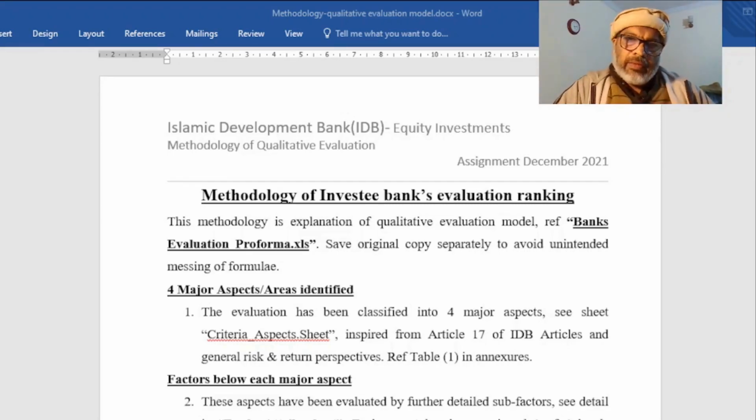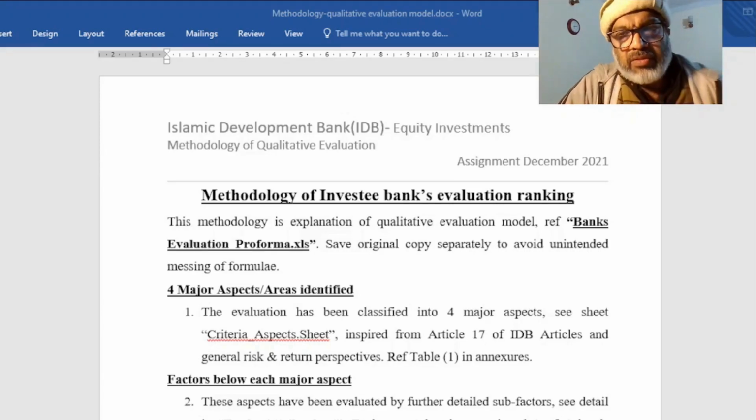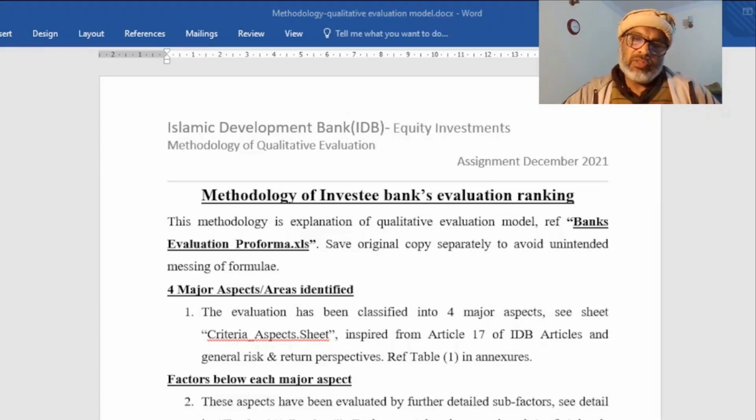Well, in this assignment with the Islamic Development Bank, I had also explained the write-up of the methodology of evaluation of the investee banks, which includes which aspects I looked into in these banks, which ratios were associated with each aspect, and how these ratios were determined on the ordinal balanced scorecard over the four levels of scores: inferior, good, better, best.